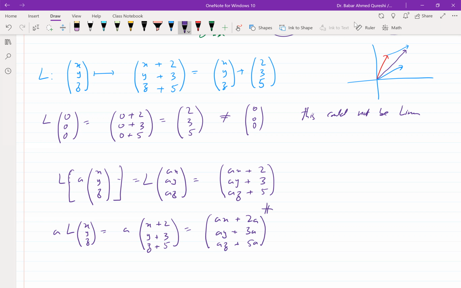So not equal to this. We confirmed that it's not linear, and it could not have been, because it did not map 0 to the 0.